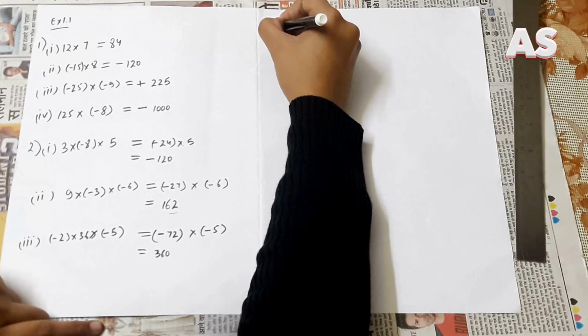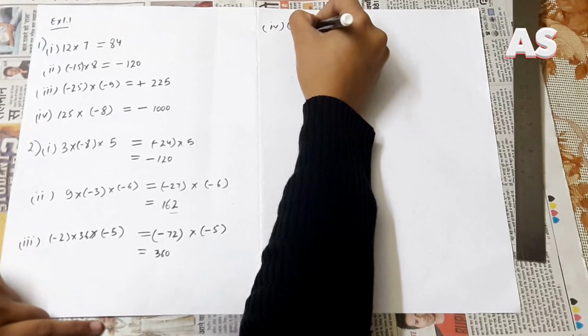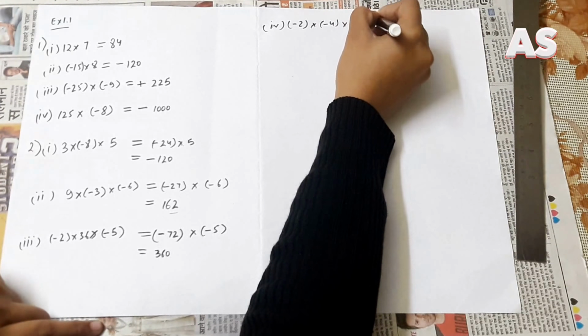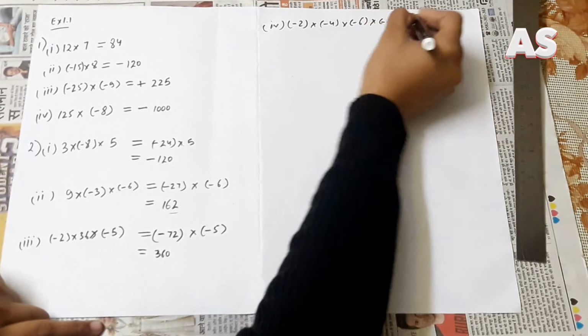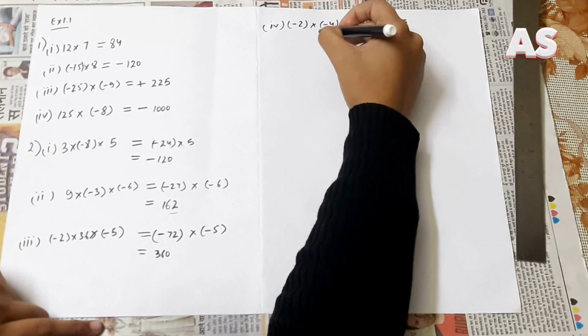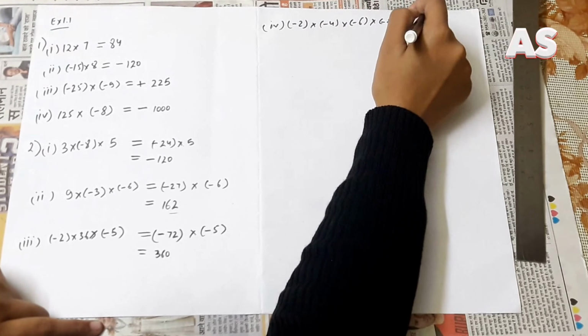Now the fourth part, it is minus 2 into minus 4 into minus 6 into minus 8. So there are 4 negative integers, only negative integers.